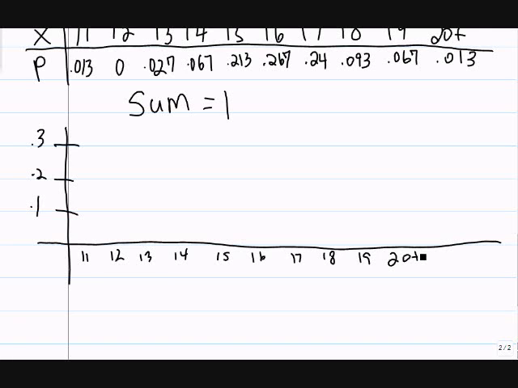Okay, so let's see, for age 11, 1%, a very low bar.